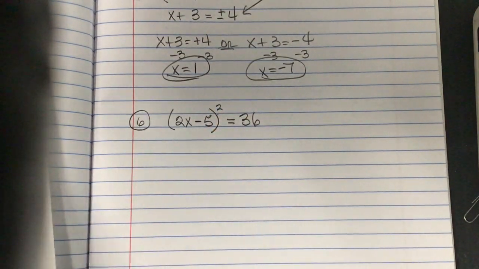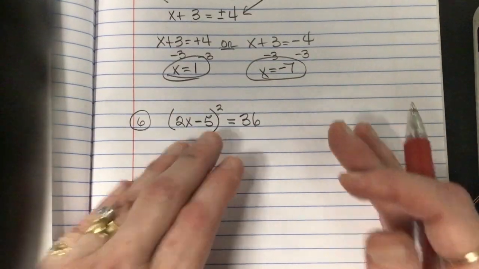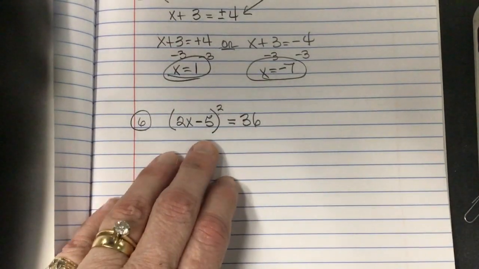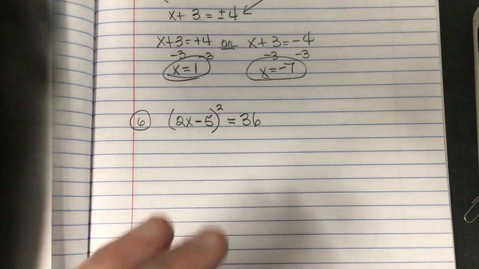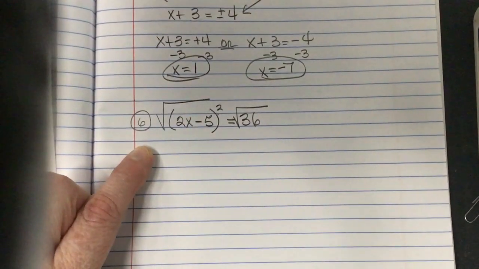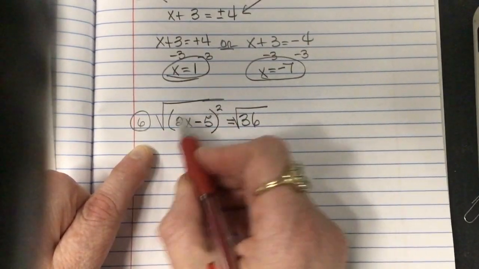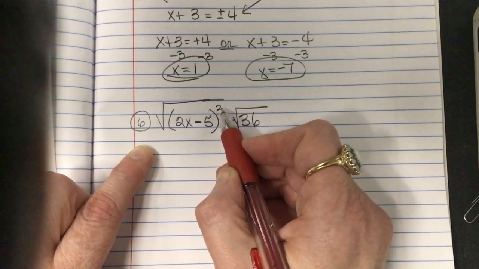This one's hard for me to explain. This page over here is different from this page. These are binomials squared. Maybe that's an easier way to say it. These have got adding and subtracting in them in the squared part. So I've got to do the square root first, because I can't get to this Christmas package till I take this wrapper off.